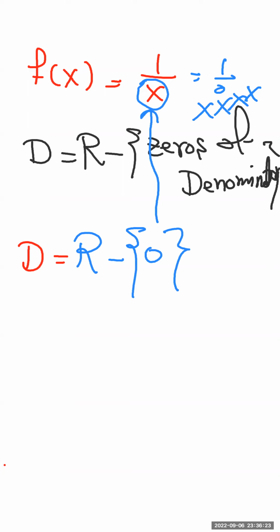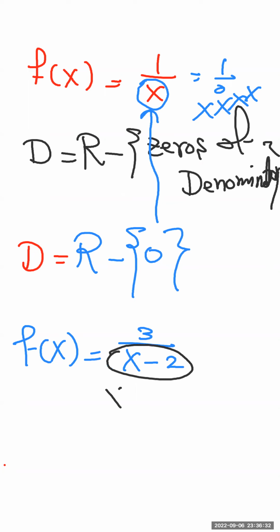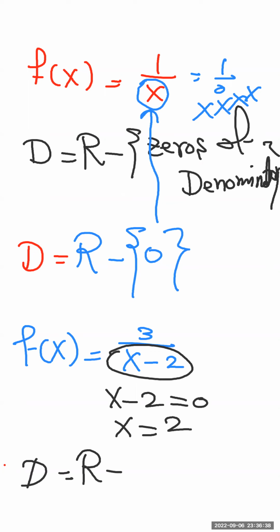Another question, f of x equals 3 over x minus 2. Now get the denominator, x minus 2 equals 0, then x equals 2. The domain will equal real numbers, the difference 2, because the number 2 is the only value which makes the denominator equal 0. Check that.